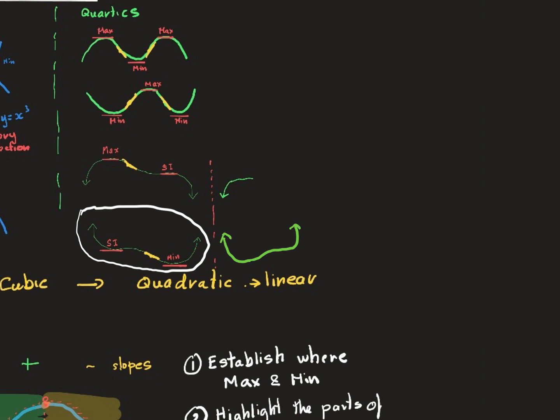Which means that what I want is to have that minimum over here and the stationary points over here, and minimum over here. It's not easy to draw, so I'll do a cutout.